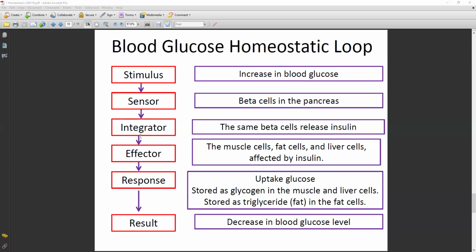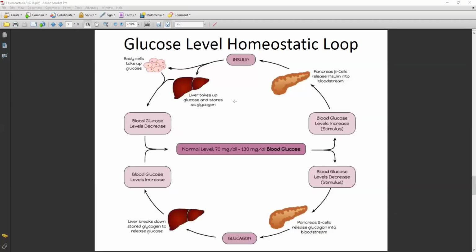The transmission from one anatomical organ to the other either goes through nerve or through hormone. It can release hormone to affect the effector, or it can send out nerve signal to tell the effector to do the work. In this case, the integrator will send out a signal, which is insulin, to tell the effector.